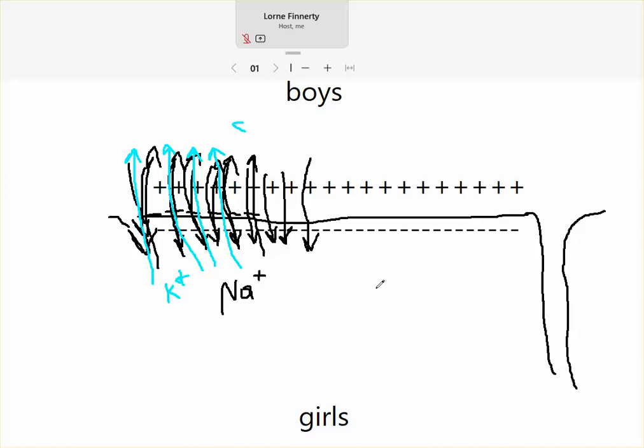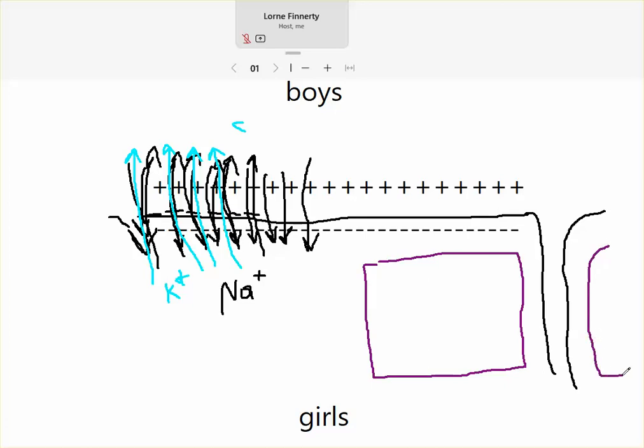But there's also the sarcoplasmic reticulum. And the sarcoplasmic reticulum is full of calcium. So the inside of the sarcoplasmic reticulum is full of calcium.